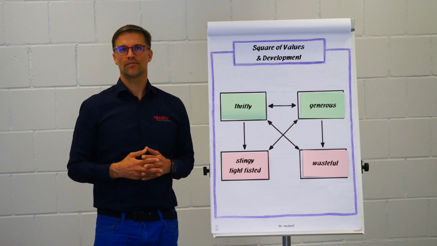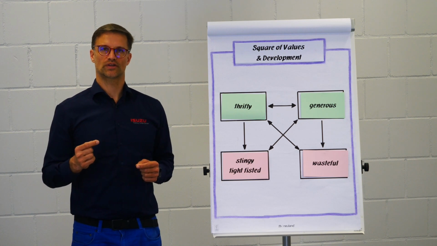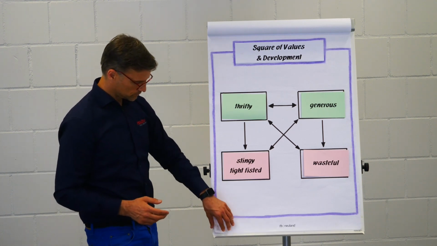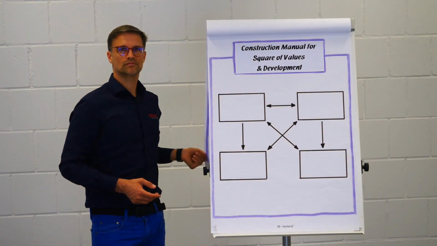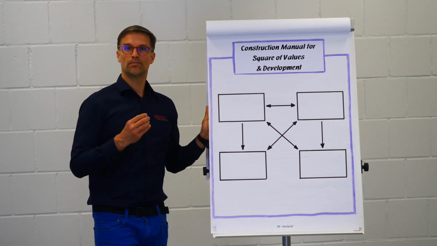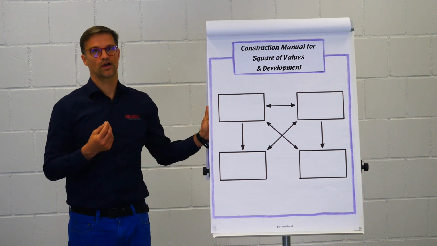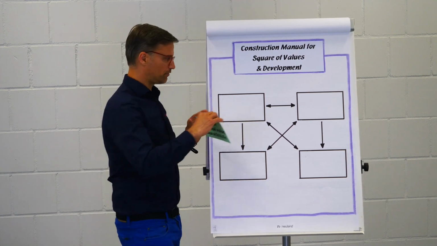With this example in mind, let's now look at the construction manual of a square of value and development. When developing a square of value and development, the positive quality, the positive personal value and characteristic, is always on the top left.